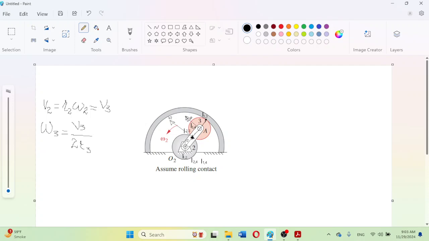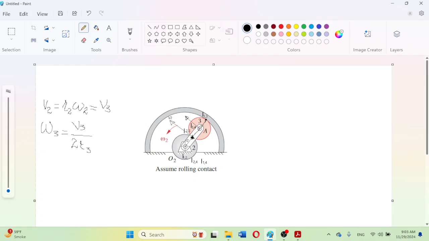For example, it may be the requirement that you determine the linear velocity of the center of this link in complex motion. So in this way that will be calculated.